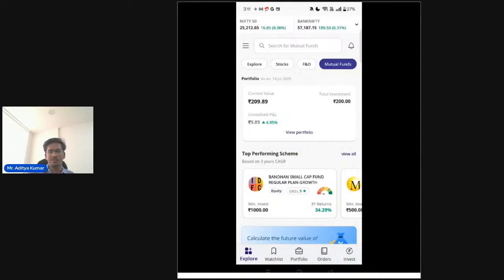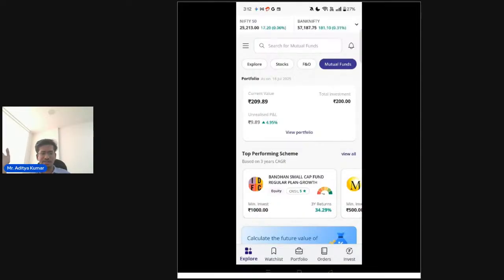Second question might be: okay, this is the mutual fund, so why should I invest in this? It is a smart choice because it helps in diversification. Your money is spread across multiple investments, which eventually lowers the risk compared to betting on a single stock.